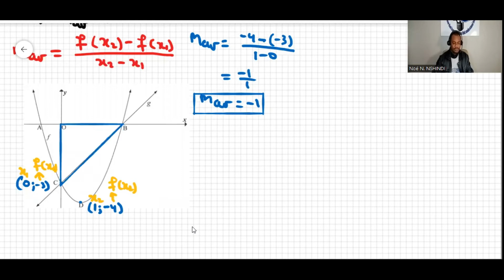OCB is this angle, and we know this angle is equal to that angle because they are vertically opposite. We can use this information to find the angle OCB. That's 5.1.5, the angle OCB.